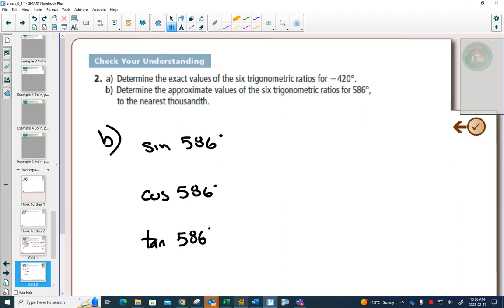And I'm going to get you to take out your calculators. And then we want to find out cosecant, secant, and cotangent.